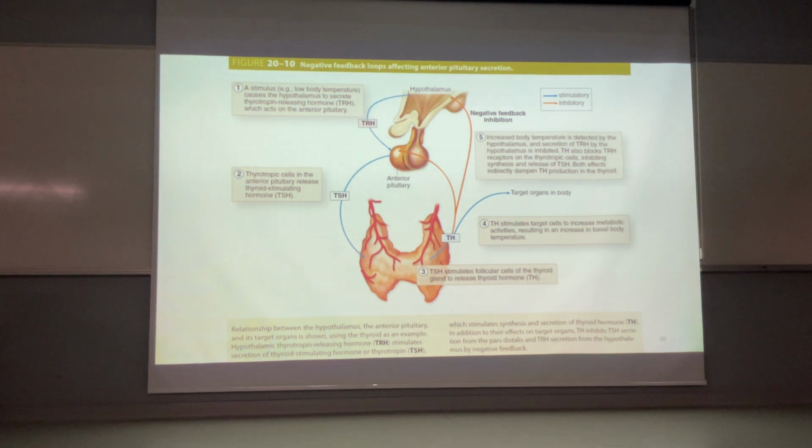Here you can see the negative feedback loops of the anterior pituitary secreting system. For example, here you can see thyroid releasing hormone produced in the hypothalamus and affecting the adenohypophysis to produce thyroid stimulating hormone. This hormone can increase the levels of the thyroid hormone in the blood.